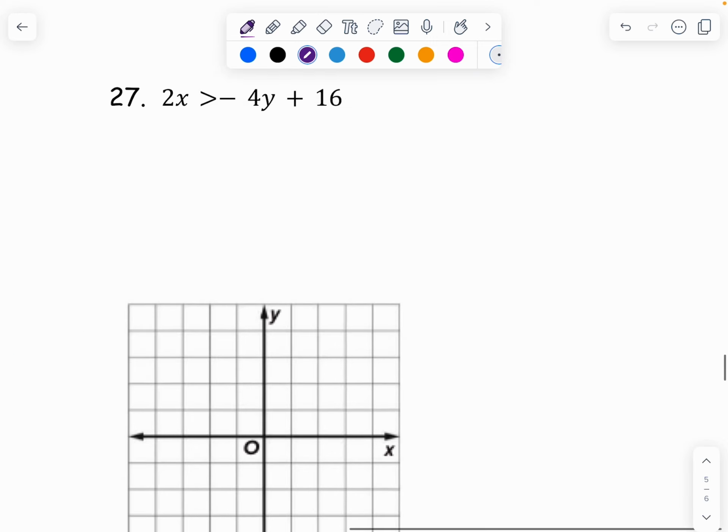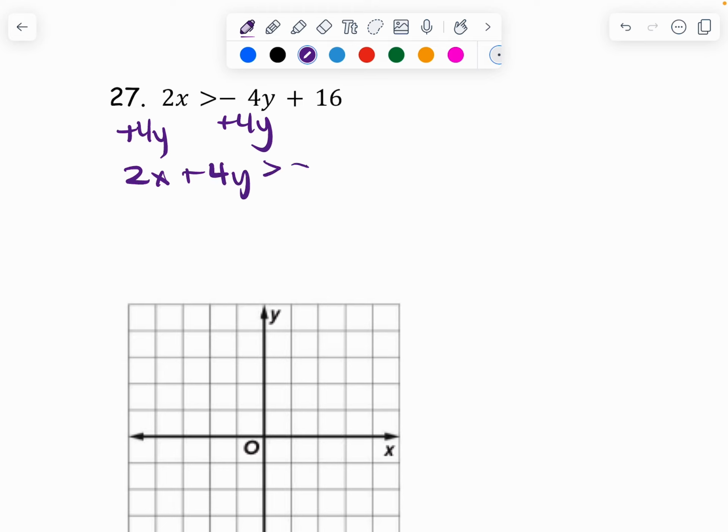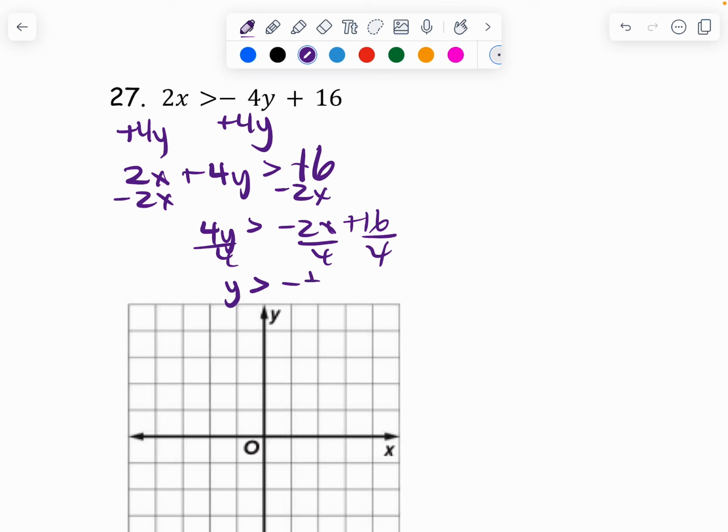This one, I'm going to add 4y to both sides. I'm going to get 2x plus 4y is greater than 16. Subtract 2x. 4y is greater than -2x plus 16. Divide by 4. And I get y is greater than -1/2 x plus 4.